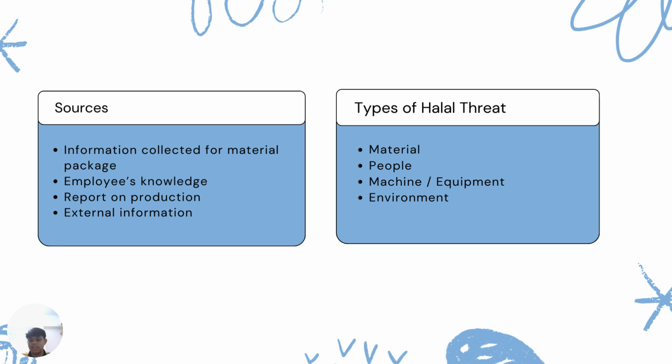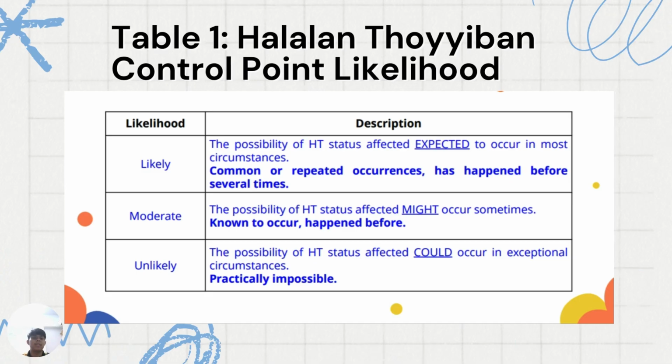Now we move to our next slide, which is table one, the halal thoyyib control point likelihood. What is likelihood? Likelihood is the frequency that will happen in the industry. First is likely.